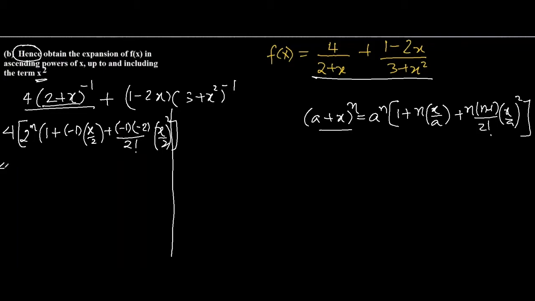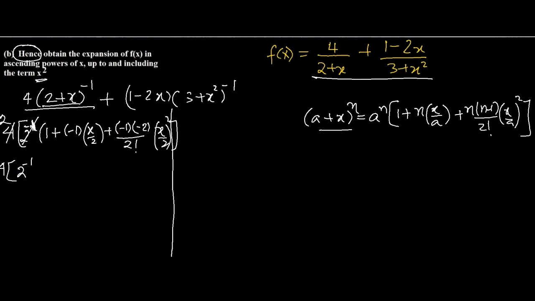Okay, so 4 remains 4 and 2 to the power n. I didn't write n minus 1, so 2 to the power minus 1, which is half. This and this can cancel out, right? It is multiplying with the whole of it, so we can cancel them out.